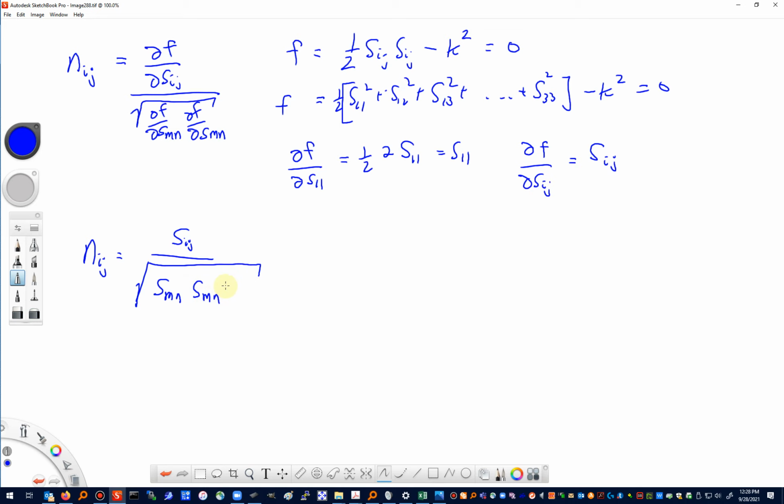Now here's where it gets to be, I think, kind of neat. What is Smn Smn? Well, if we look at our original yield function up here, 1/2 Smn, remember these are dummy indices so I can freely replace them.